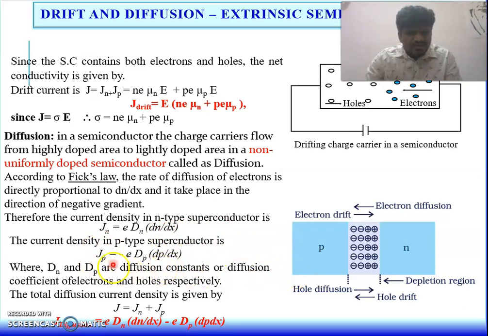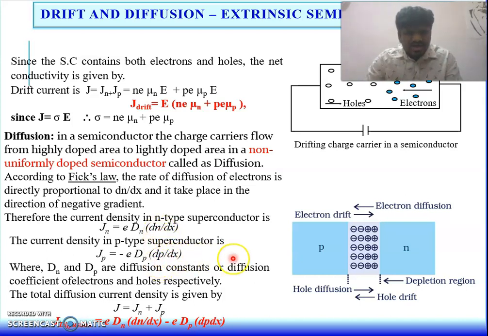Similarly, in the case of a p-type semiconductor, we can write Jp is equal to minus e Dp dp by dx, where p indicates carrier concentration, and dp by dx indicates the variation or gradient of the carrier concentration with respect to x from the origin. So the variation of carrier concentration with respect to the distance causes the diffusion current in both electrons and holes.